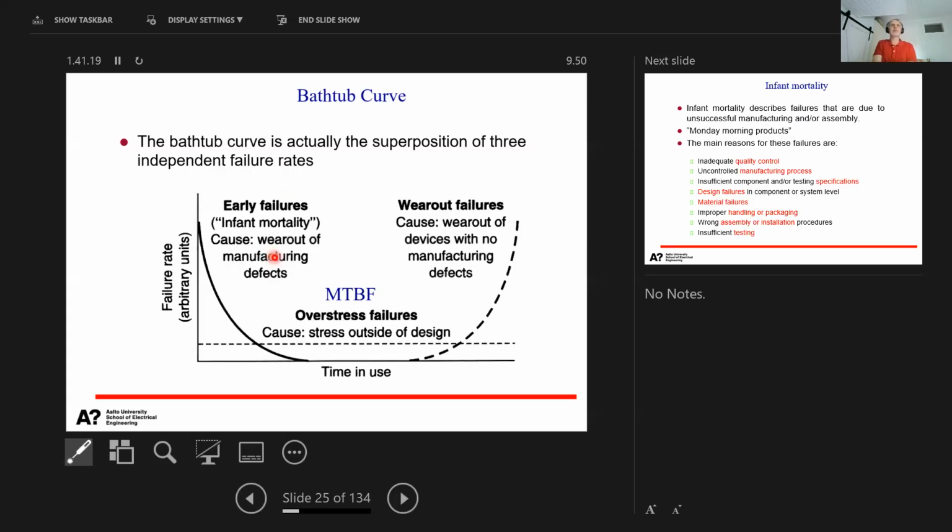So the bathtub curve is composed of 3 independent curves: the decreasing failure rate, the constant failure rate, and the increasing failure rate. And when you sum these up, you end up with this kind of bathtub shape. So let's check these 3 separate parts.